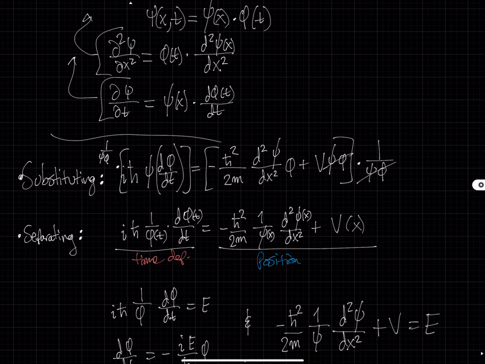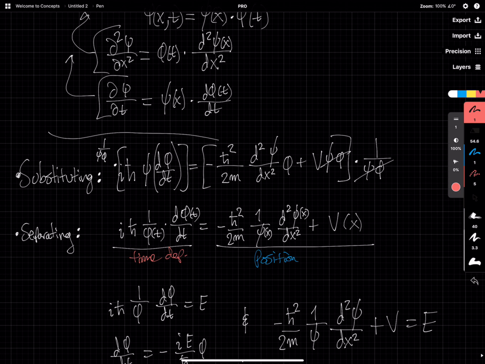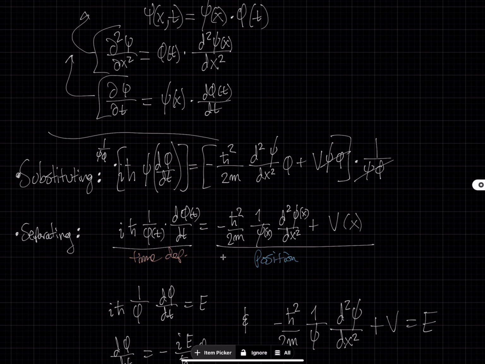And if you recall the separation of variables technique, what it says is that when you have both sides of the equation dependent on different variables, then the only way that this can be true is if both sides of the equation, the left and the right-hand side, are equal to a constant. So they must equal some constant.